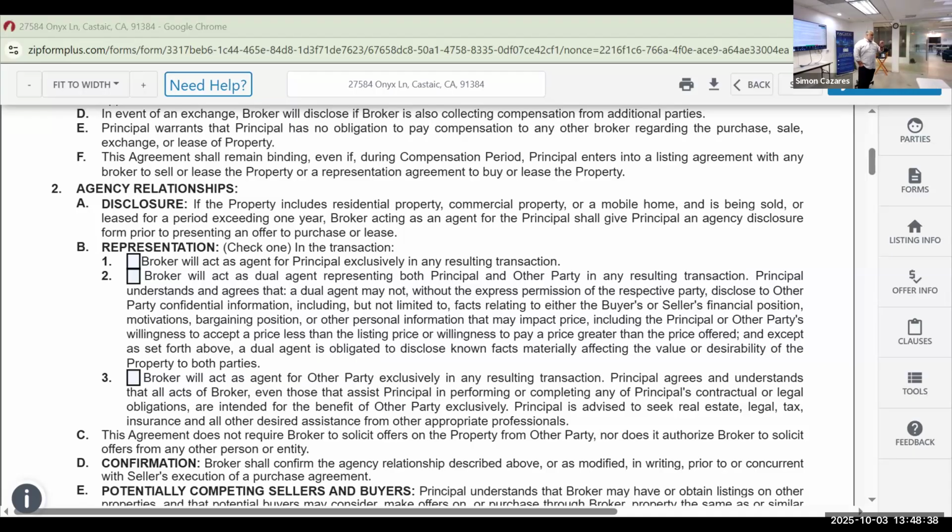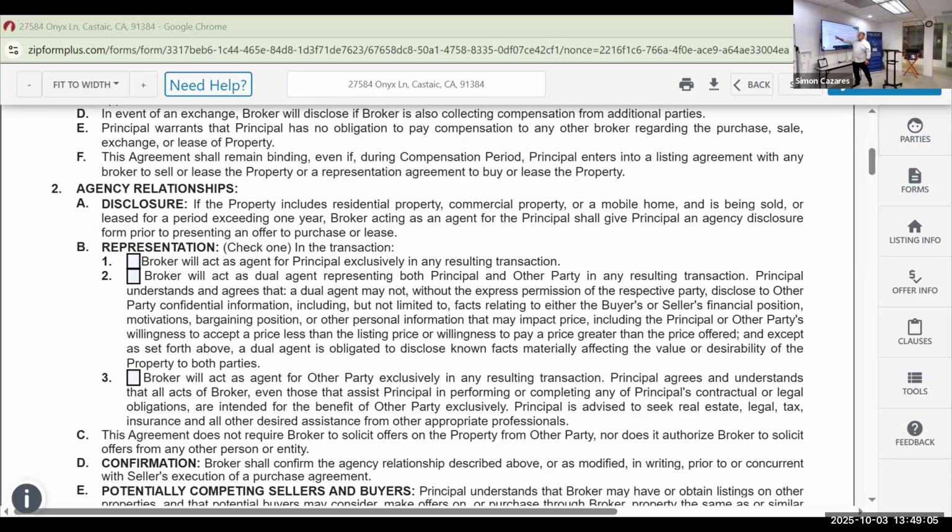Okay, but there's a section on G3 that says you're asking the seller to pay you compensation, which you can go in that direction. The reason you want to use this is because this is a way that you can now ask for a type of representation agreement. Okay, so if you look at the agency relationship, there's still an option, right?